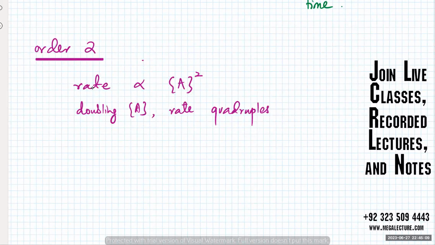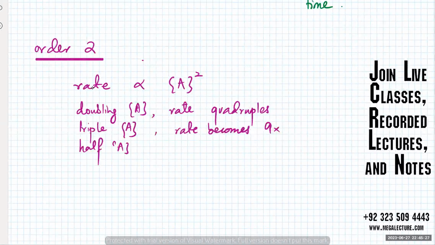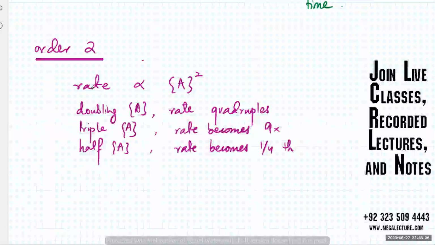Vice versa, if you triple A concentration, the rate becomes 9 times. If you halve the concentration of A, it becomes 1/4. Is that clear?